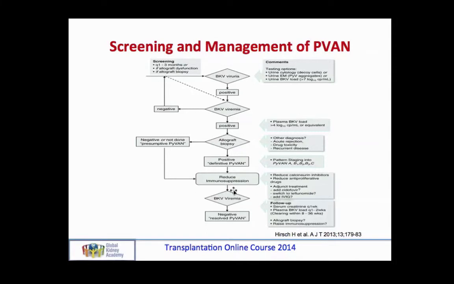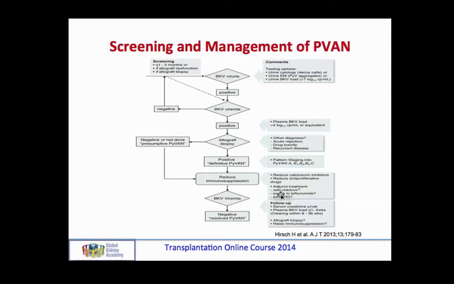Then you monitor the response, and hopefully you will have resolution in BK viral load, so you'll have clearing of the viremia within anywhere between 2 months and up to 6 months. Occasionally you'll have some patients who will persist with low-level BK viremia, but most respond.